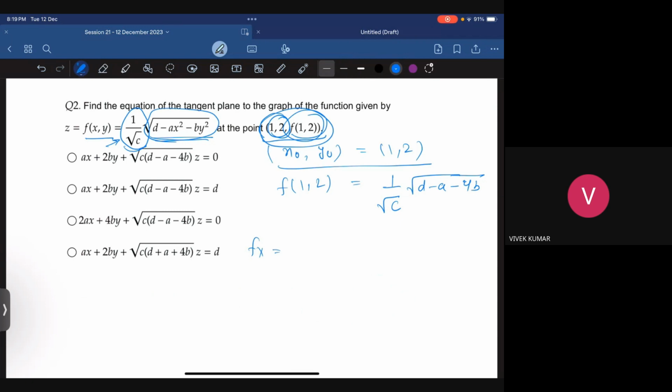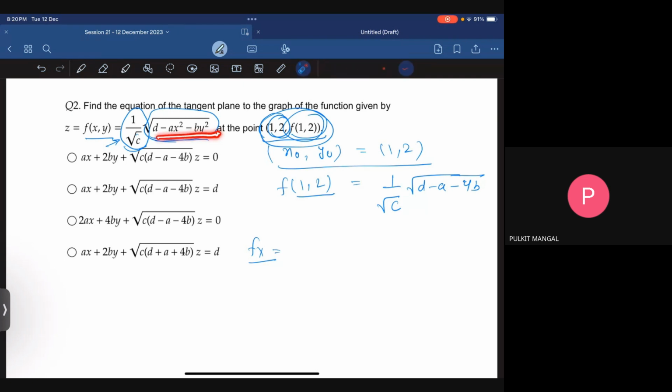Sir, can you tell me how this came, 1 by root c root over d minus a minus 4b? My function is given as 1 by root c times under root of d minus ax square minus by square.